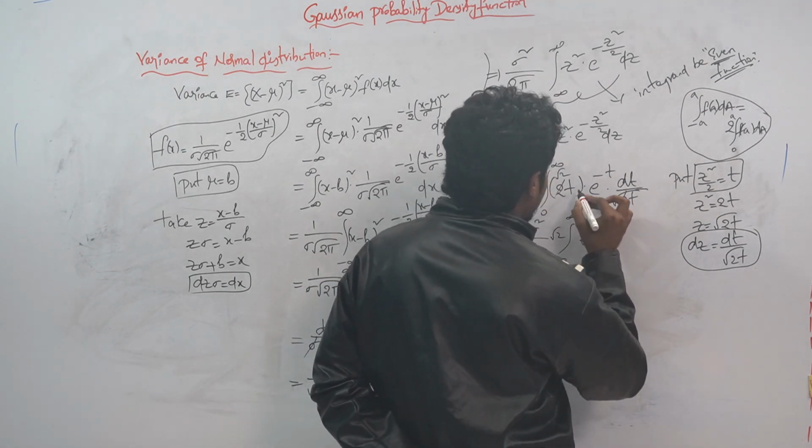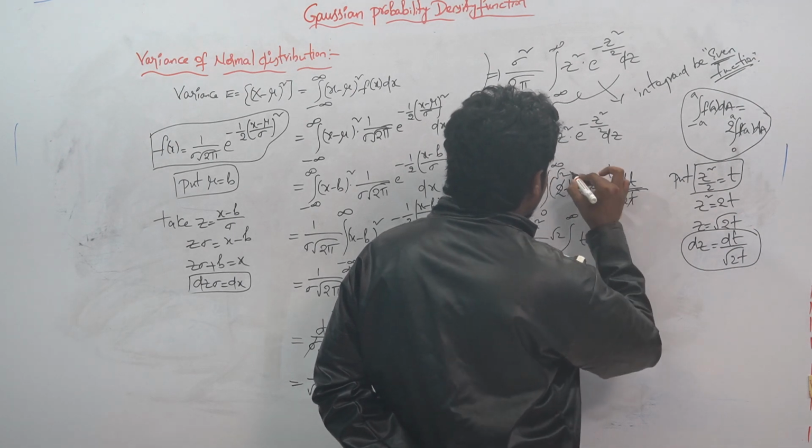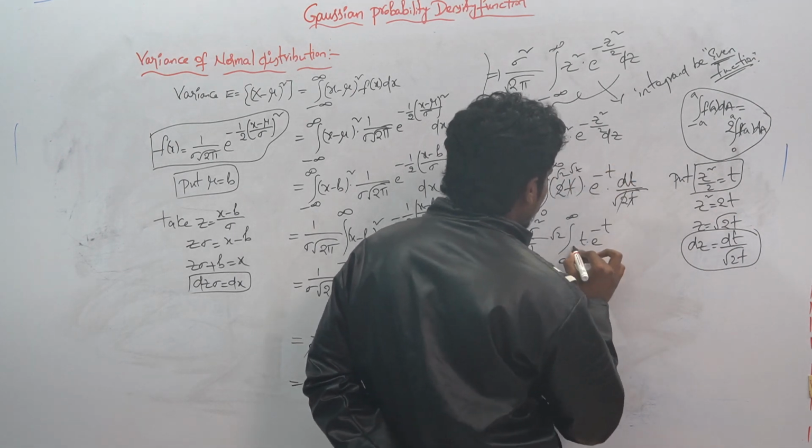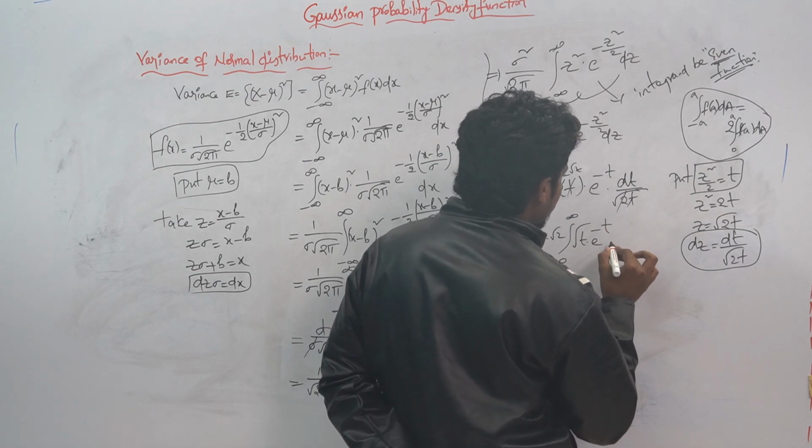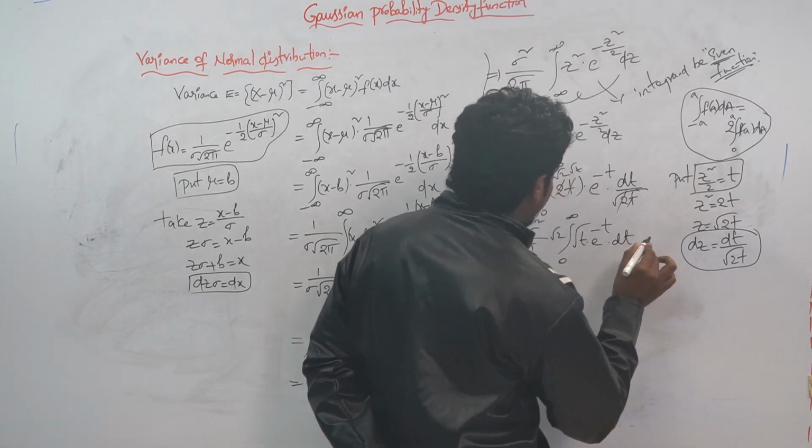This t will go to root t times, right? Root t into e power minus t into dt.